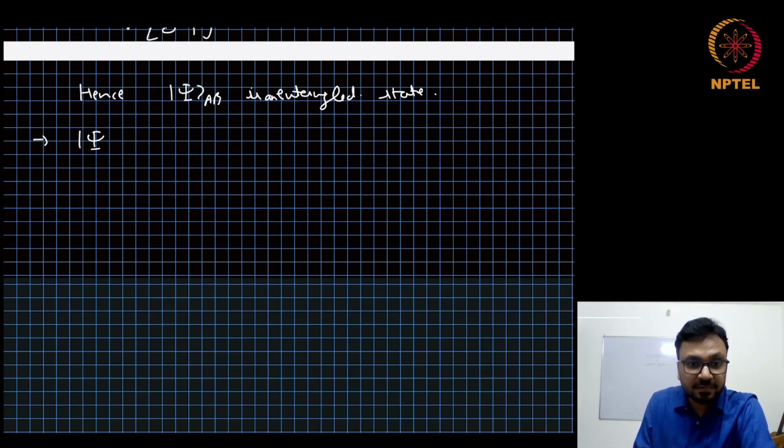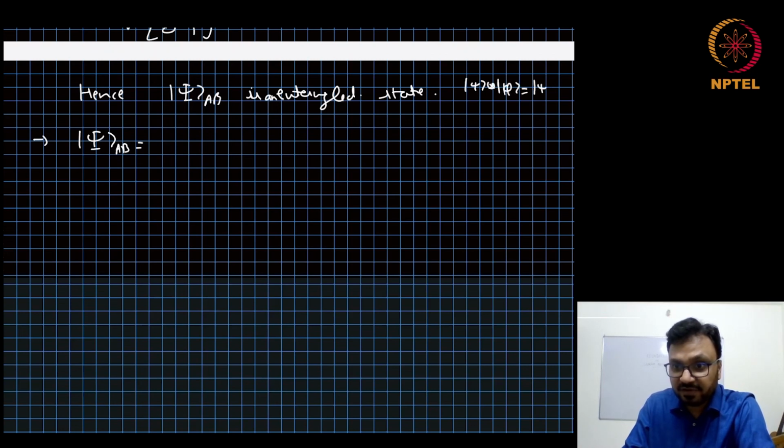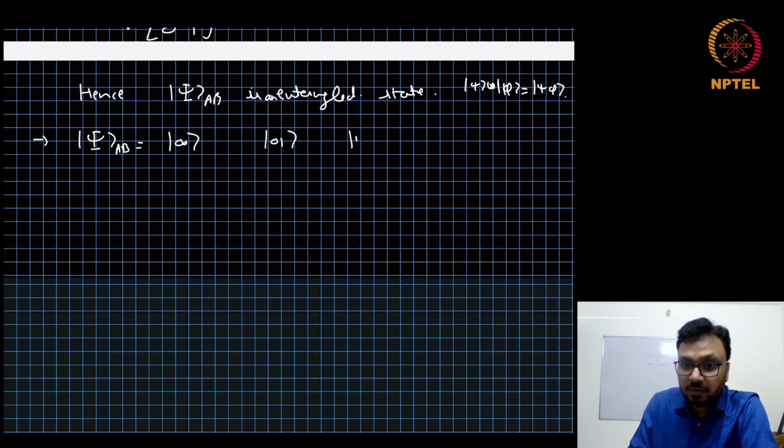Let us say psi AB is, for shorthand, we will most often be representing psi tensor phi as psi phi. So it will be 00, 01, 10, and 11.